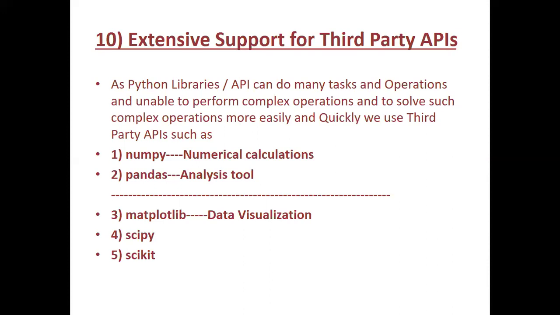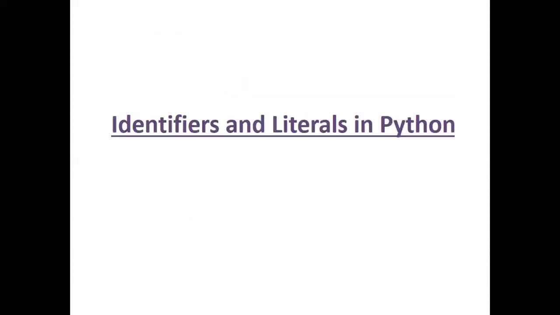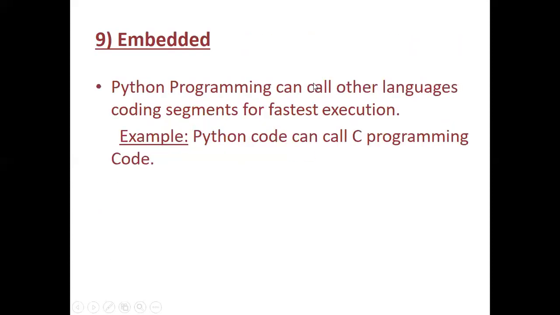Is this clear, students? Raghu, okay, you wanted to ask a question. Yes, please unmute yourself. Hi Ritu. I'm going back to the previous slide. We talked about embedded, where we can call other programming languages within Python.